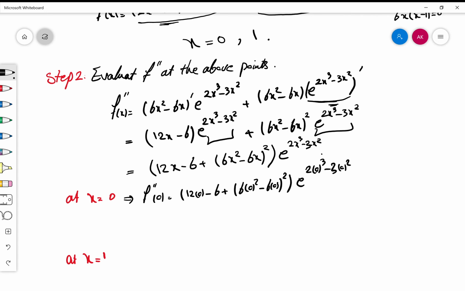Well, this part is e to the power 0, these are 0, so it will be minus 6 e to the power 0, which is minus 6.